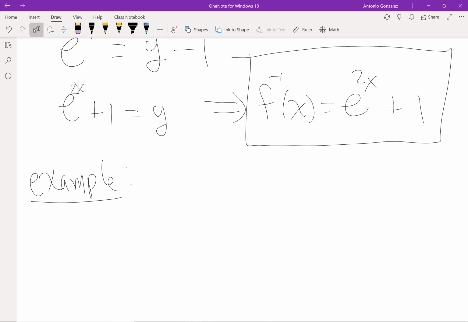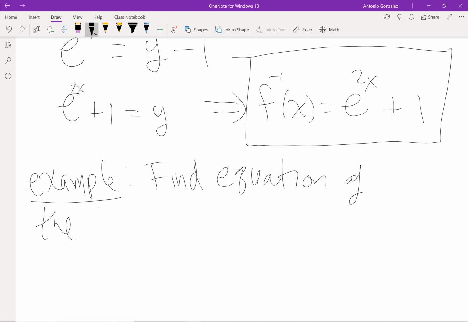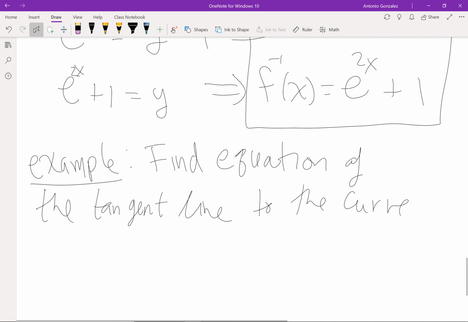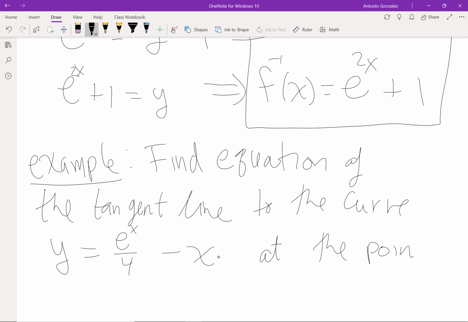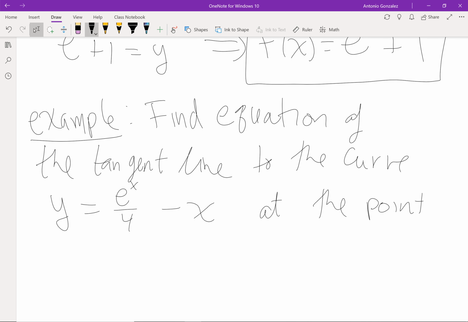So for this one, let's find the equation of the tangent line to the curve y equals e to the x over 4 minus x at the point 0, 1/4.